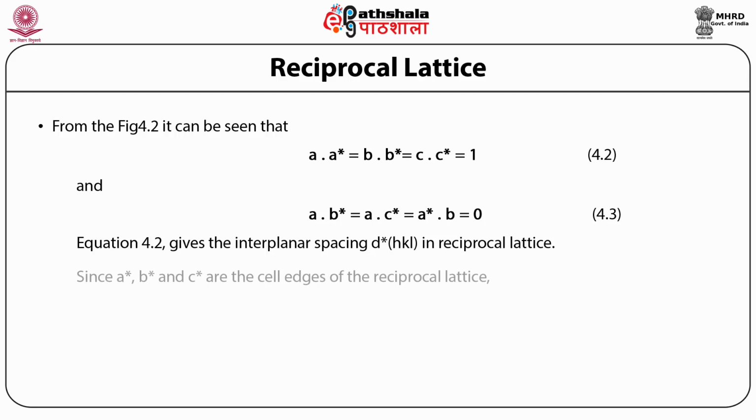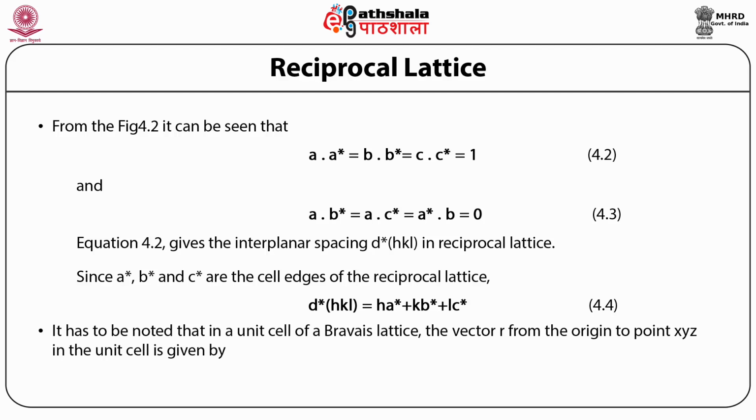Because A star, B star and C star are the cell edges of the reciprocal lattice, which have been related to A, B, C, the cell edges of the real space lattice, D star of HKL is simply H A star plus K B star plus L C star.